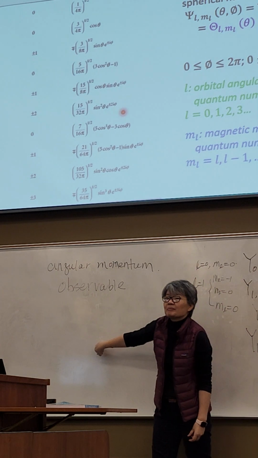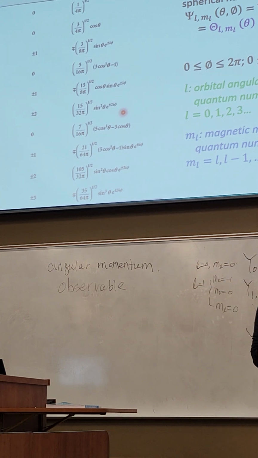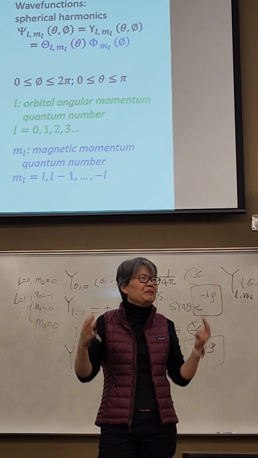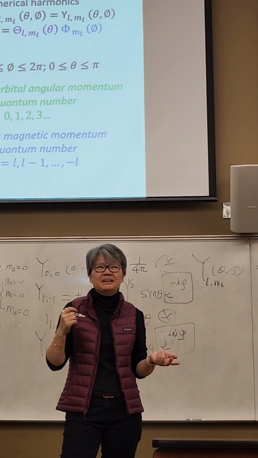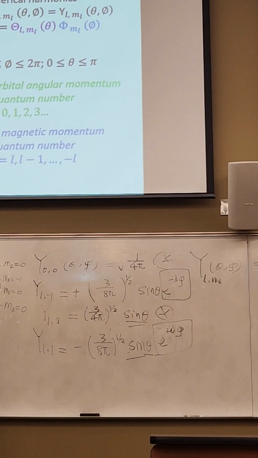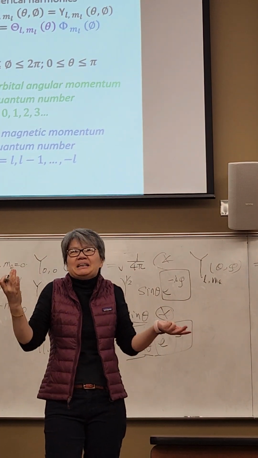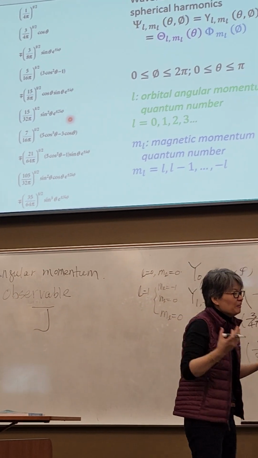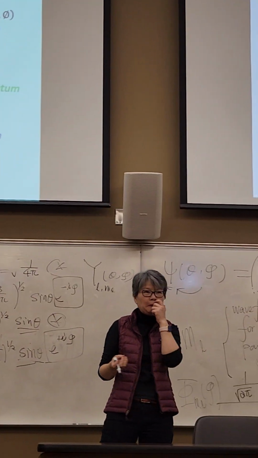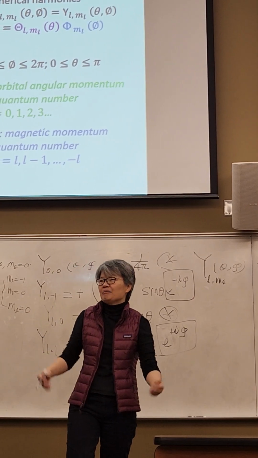The omega? No. Did I respond too quickly? Oh, L. Sorry. If it's observable for angular momentum in physics, what is it, guys? Come on. J. Oh, J. Excellent. There's just so many symbols, right? So angular momentum as an observable, we use a J to represent J equal to something.